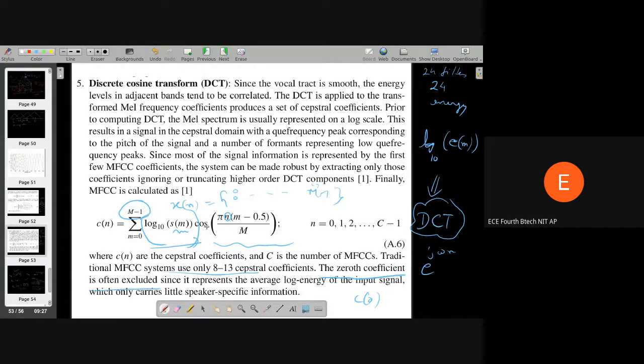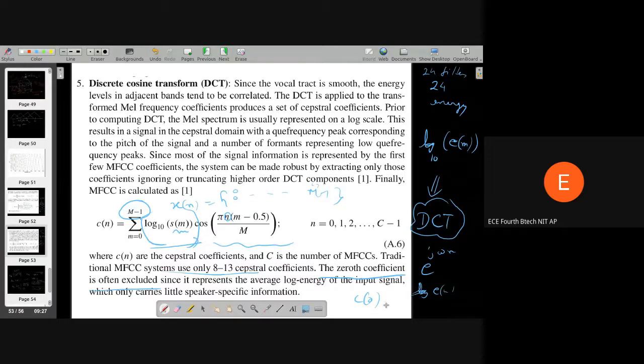And what is this? You are taking the log of the filterbank energies, and you are just summing up all the log energies. So indirectly you are finding out the energy of the signal, and that has not been found to be very useful. So generally the zeroth coefficient C0 is excluded.